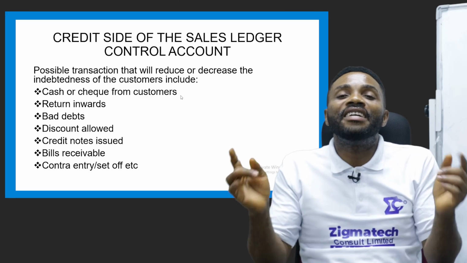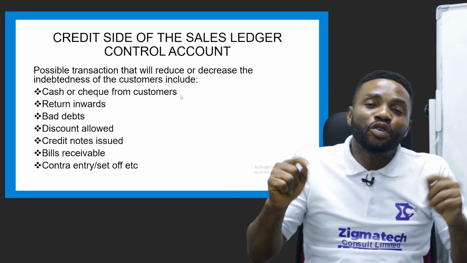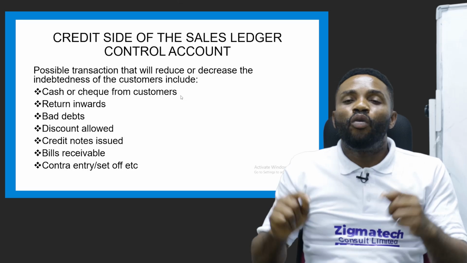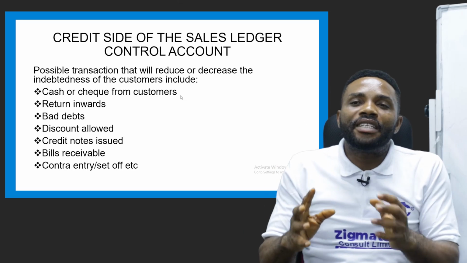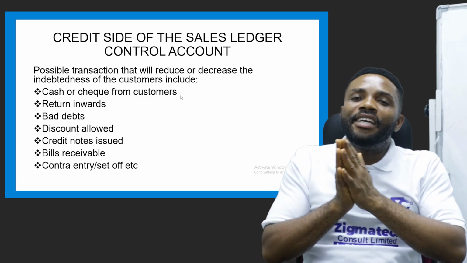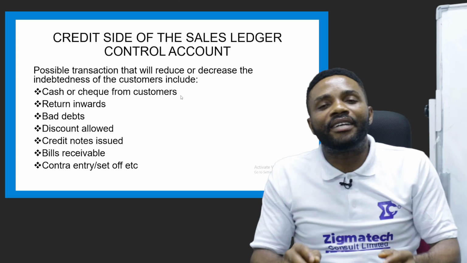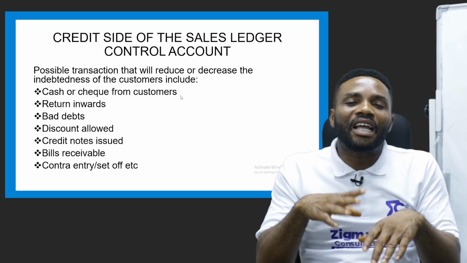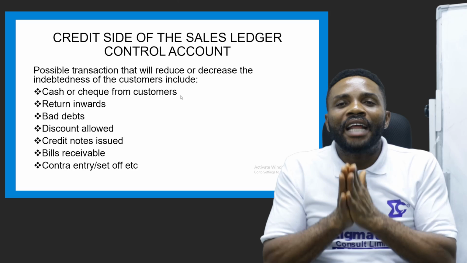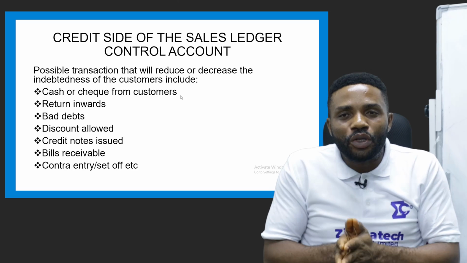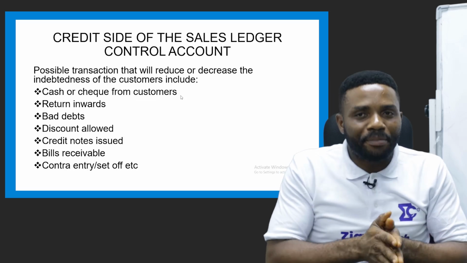Or some customers can even cause problems and take you to court, and once the judgment is given in his or her favor, it becomes a bad debt. So a lot of things can cause bad debt in business. Whenever it happens, it is going to reduce their indebtedness.